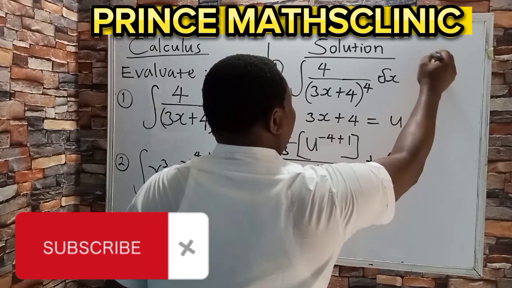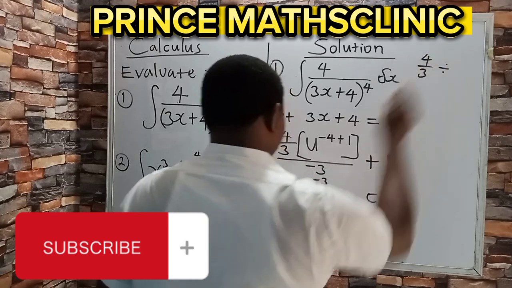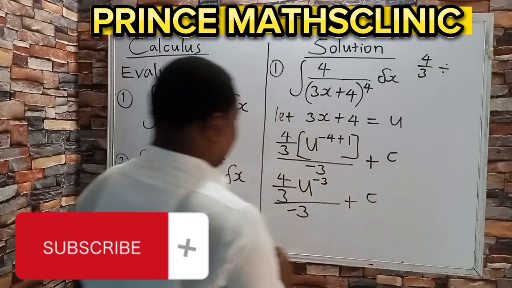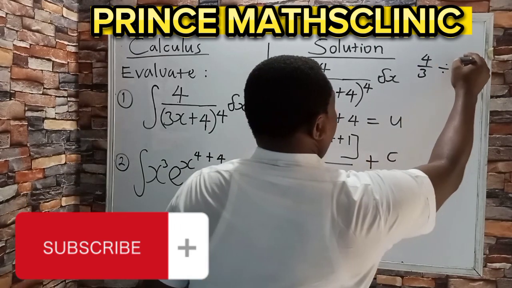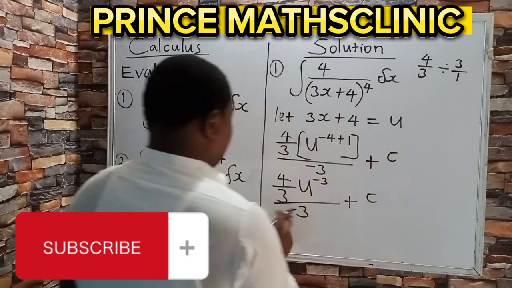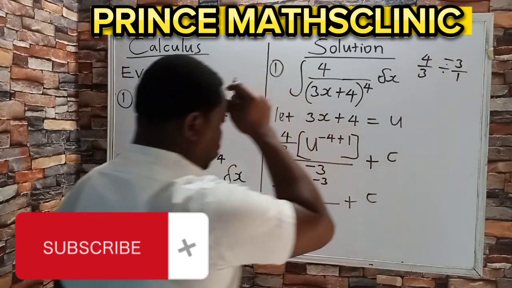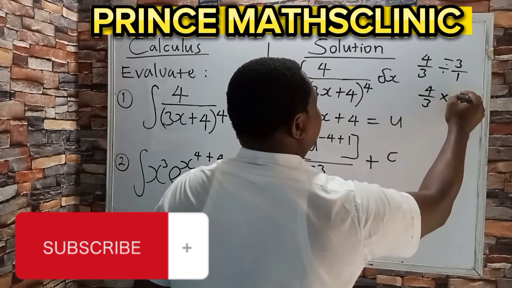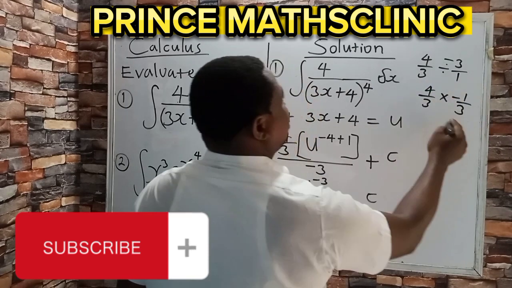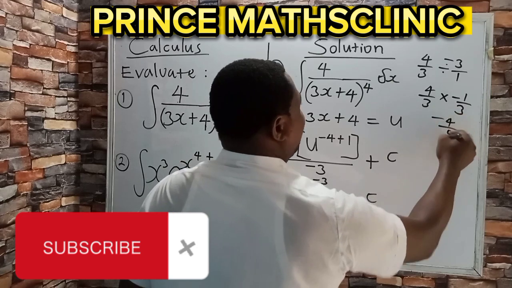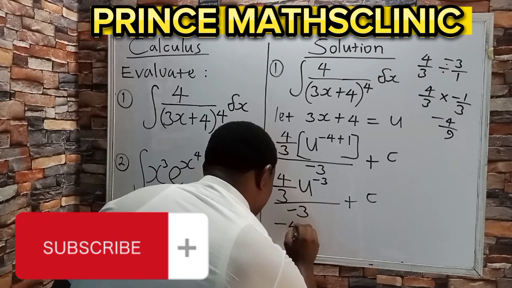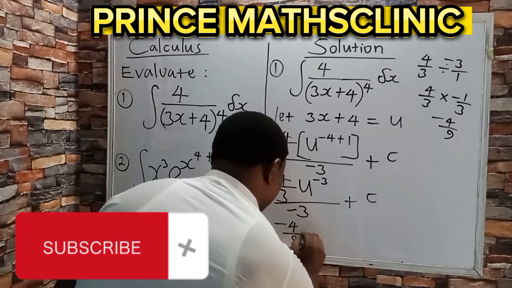This is saying 4 over 3 divided by negative 3 over 1. So this becomes 4 over 3 times negative 1 over 3. This will become negative 4 over 9. So I'm going to put a negative 4 over 9.